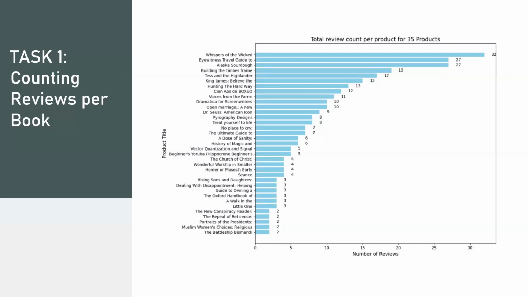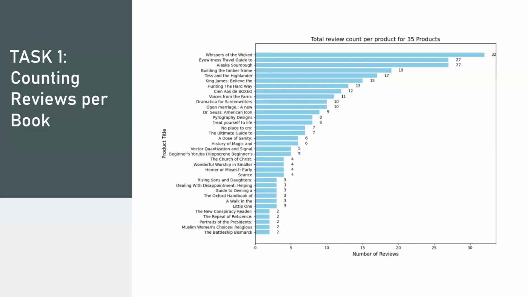And this is a chart that was plotted from our results. This bar chart displays the number of reviews we received for each of the different books in the dataset. Whispers of the Wicked is at the top of the list, and it received the highest number of reviews, followed by the Eyewitness Travel Guide and Alaska Sourdough, with about 27 reviews.